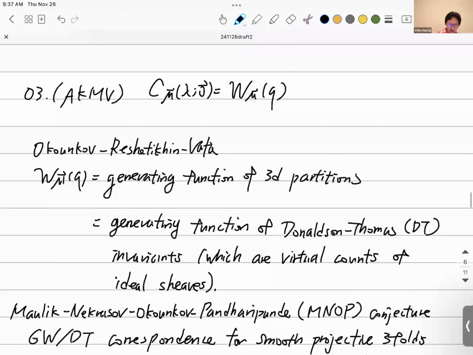If we look at this combinatorial expression, curly W mu1, mu2, mu3, it depends on three partitions.